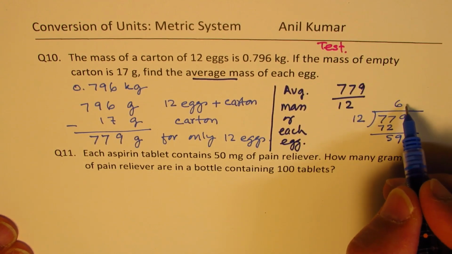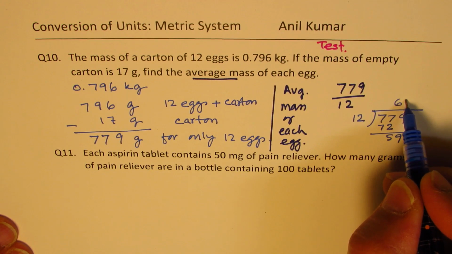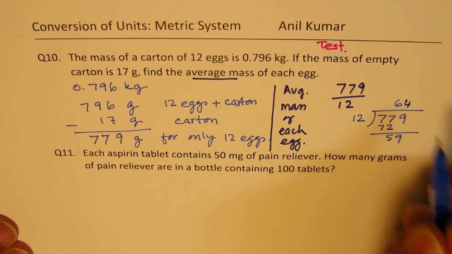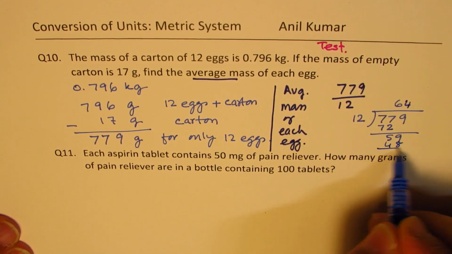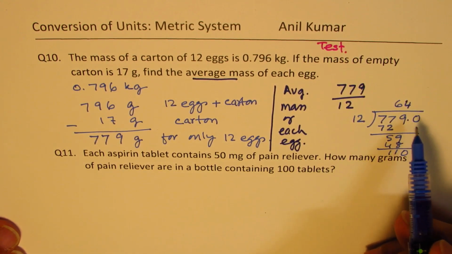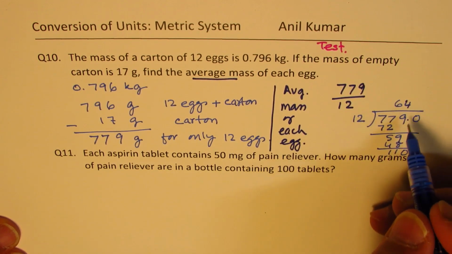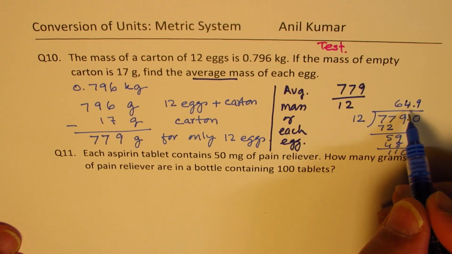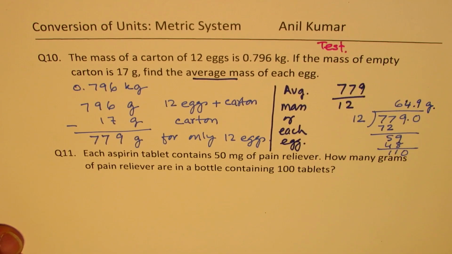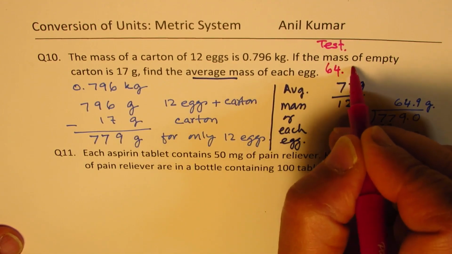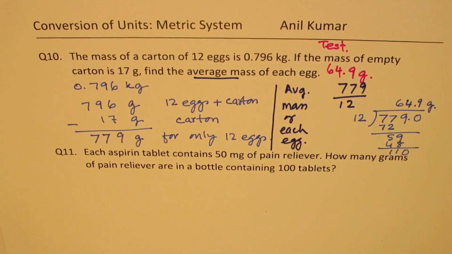So approximately, if I write 5, it will be 60, right? So okay, let's write 4. So 48, and when you take 44, 48, this is 0, you have to bring down, right? So now we have 110, so it will go 9 times, right? So 64.9 grams. So we get our answer, which is each egg will be equal to 64.9 grams. Is that clear to you? Right. So that is how we could do the calculation.